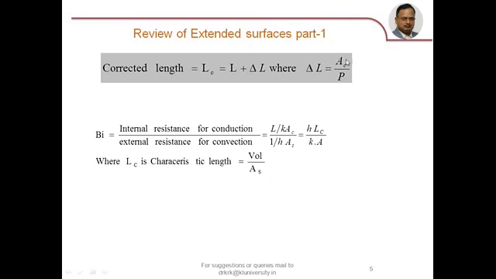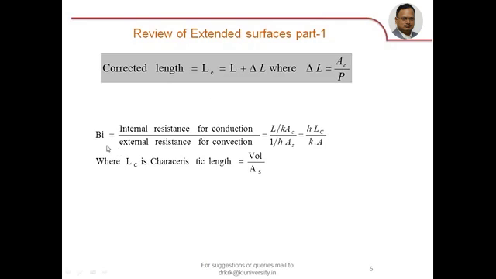Therefore, these two will compensate. You will get delta L equal to Ac by P. So by extending the length by delta L, a general problem can be treated as a fin with end insulated, the easiest way of solving a complicated fin problem.